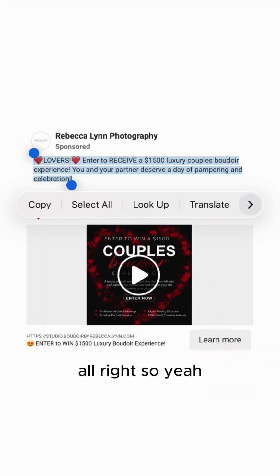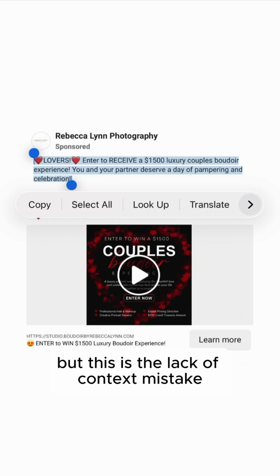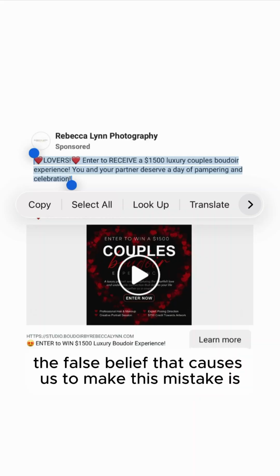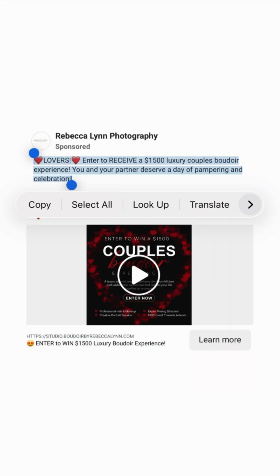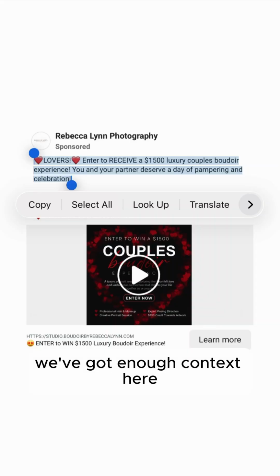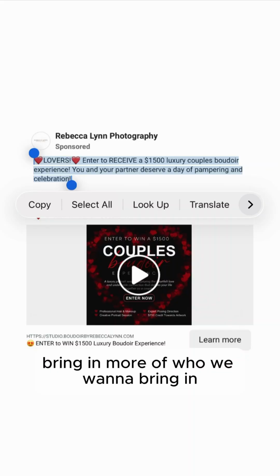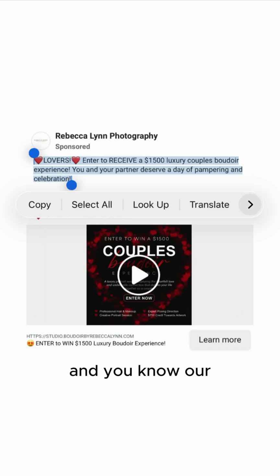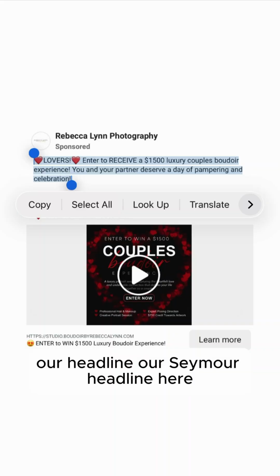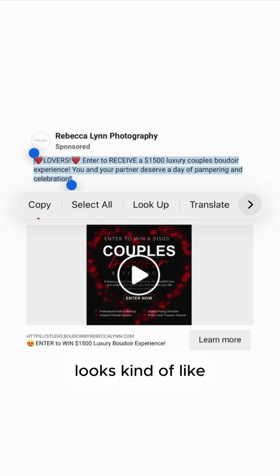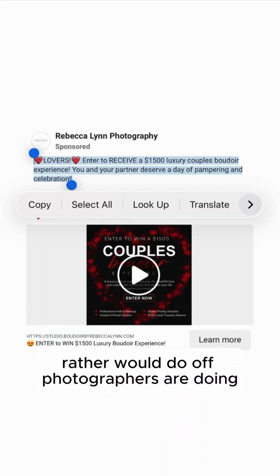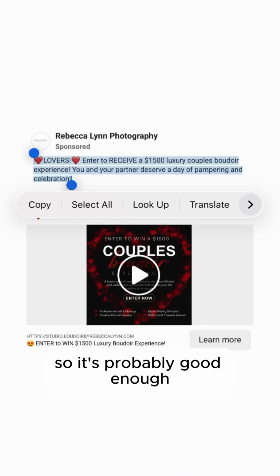All right, so we got a little bit of context here, but this is the lack of context mistake. The false belief that causes us to make this mistake is we believe that we've got enough context here to actually bring in more buyers, bring in more of who we want to bring in, and our see more headline here looks kind of like what other boudoir photographers are doing, so it's probably good enough.